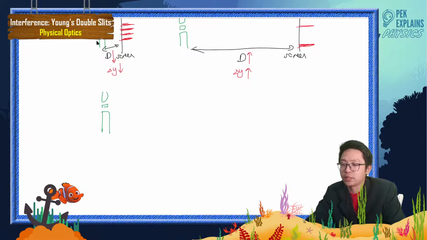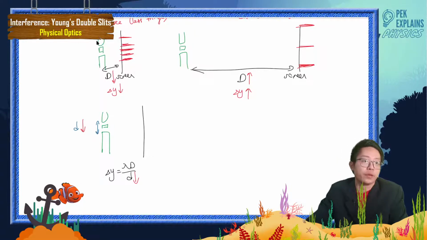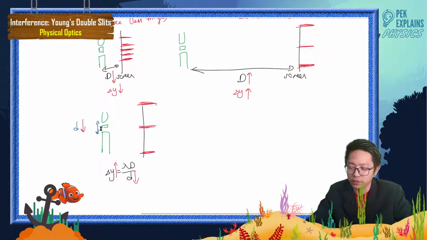The separation between the two slits is the small d. Delta y equals lambda D over d. When the separation is small, the delta y is very big. That means I can see the fringes further apart when the small d is very small.